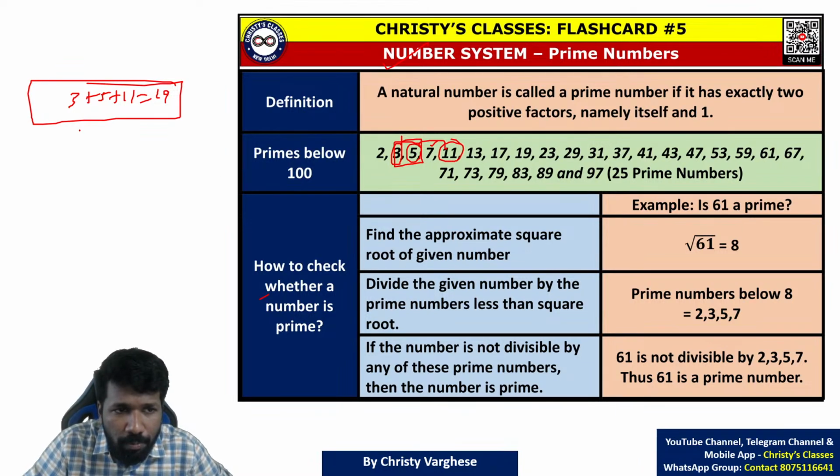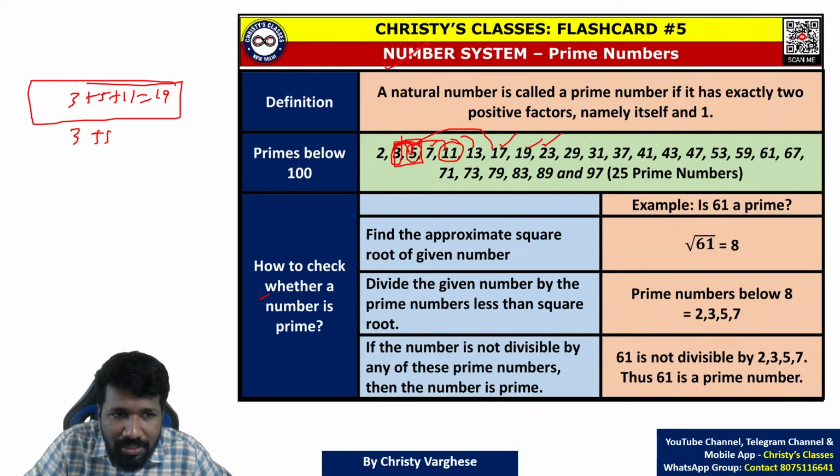Is it one possibility only? No, other possibilities work this way. Let us check 3, 5 itself. 3 plus 5 is 8. 8 plus 13 is what? 21, not a prime. 8 plus 17 is 25, not a prime. 8 plus 19 is 27, not a prime. 8 plus 23 is 31, prime.